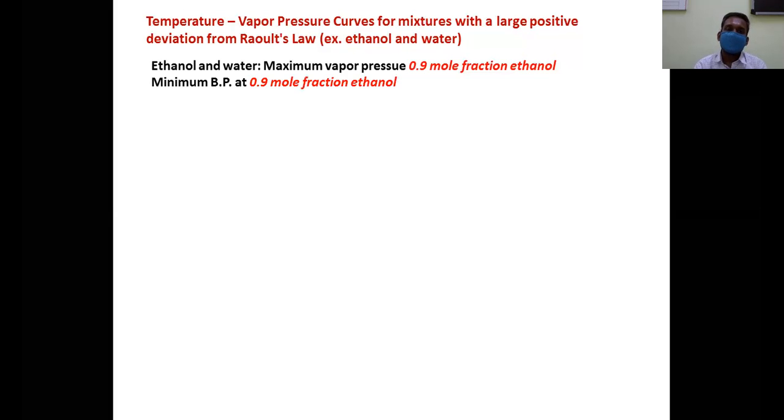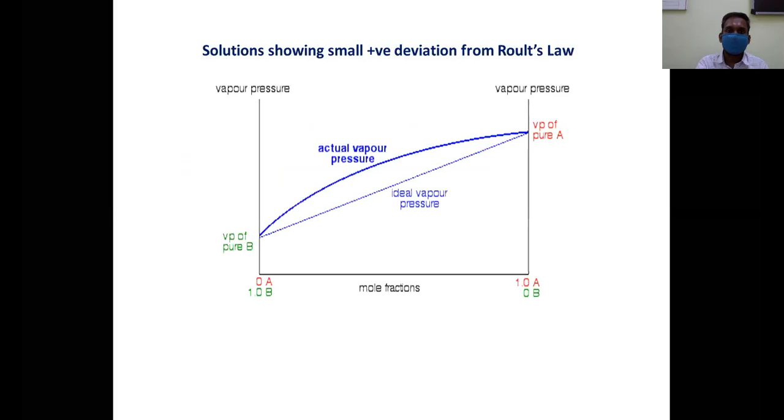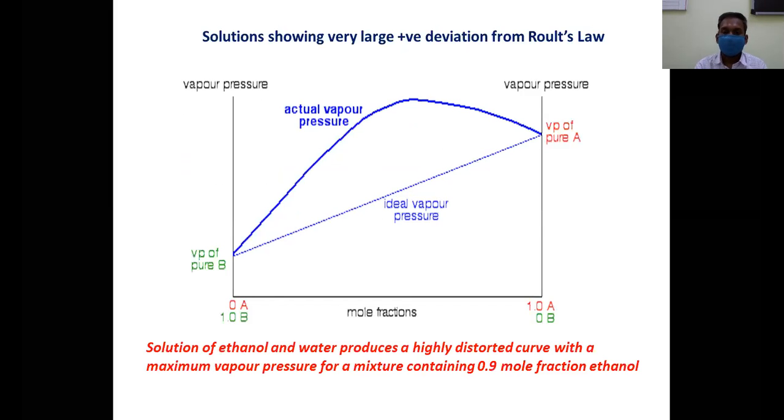I have taken an ethanol water solution. Now go and look at the vapor pressure curve for ethanol. Okay, fine. What did I tell here? Very important. This curve attains the maximum value of vapor pressure for what composition of ethanol?